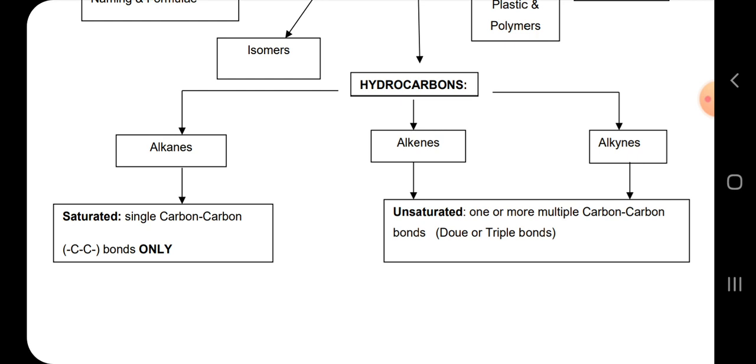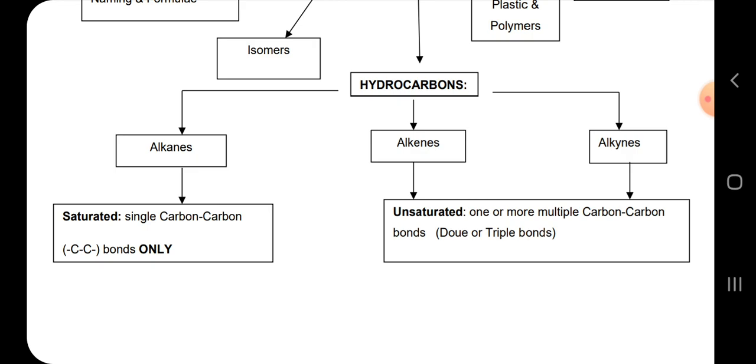Alkanes are saturated because there is a single carbon to carbon bond, that line in the middle. And then alkynes and alkenes are unsaturated because they have one or more multiple carbon to carbon bonds.